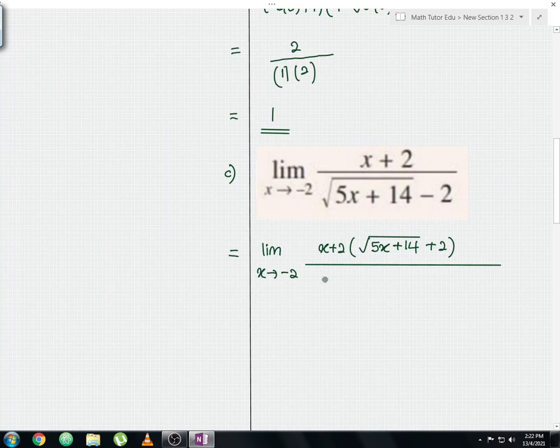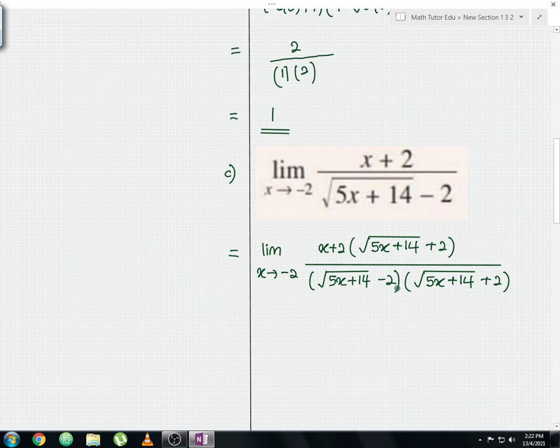As for the denominator, it will be square root 5x plus 14 minus 2, and then times the conjugate, square root 5x plus 14 plus 2.